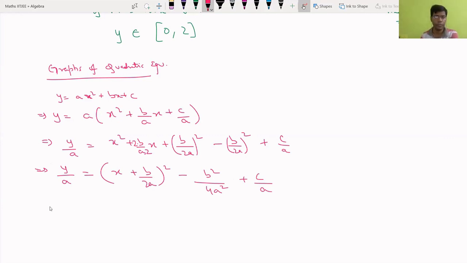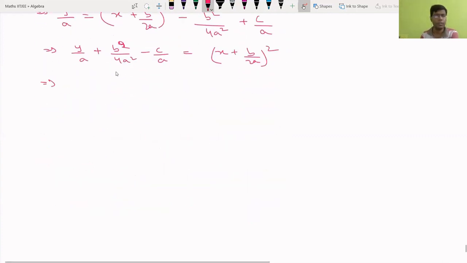So, okay, let me take these terms on the other side. What we will have is y by a plus b square by 4a square minus c by a is equal to x plus b by 2a whole square.